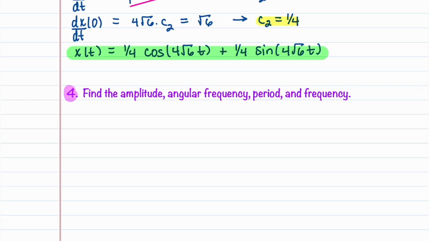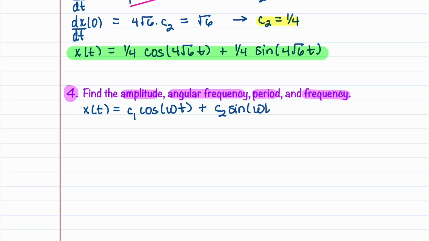In our last step, we need to find the amplitude, angular frequency, period, and frequency. In order to do this, we are going to need to write our solution in a different form. Our solution is written in this form: x of t is equal to c1 cosine omega t, I'm just writing the general form here, plus c2 sine omega t.